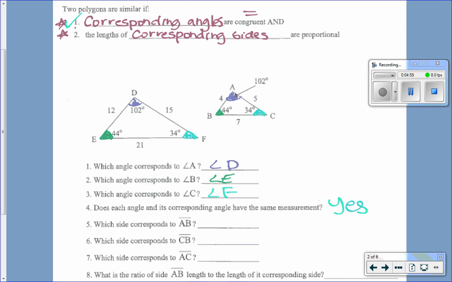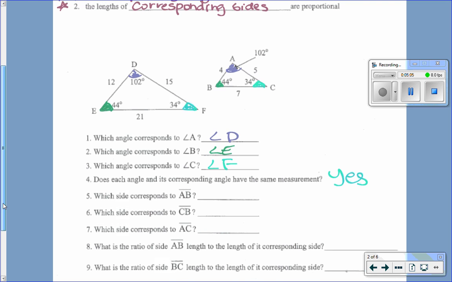Okay? So now we're going to look at number 2 and see if the lengths of the corresponding sides are proportional. So if you want to grab another color, you can use the same colors you've been using. We're going to look at their sides. Number 5, which side corresponds to AB? So highlight A to B. Which side corresponds to A and B? Same location.